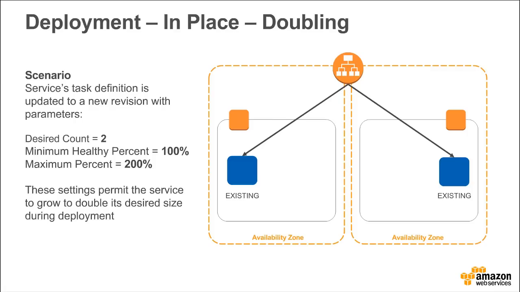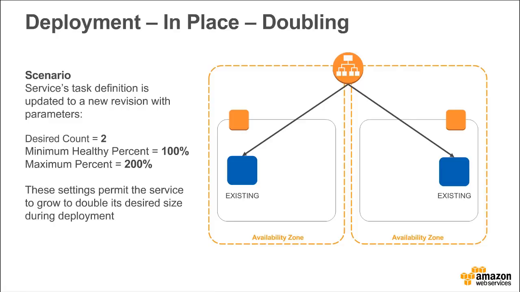So here, we're going to be deploying a service in place, meaning we have a service defined on our ECS cluster, and that service has, here we have 2 tasks running, and there are several different levers we have for controlling how deployment happens.